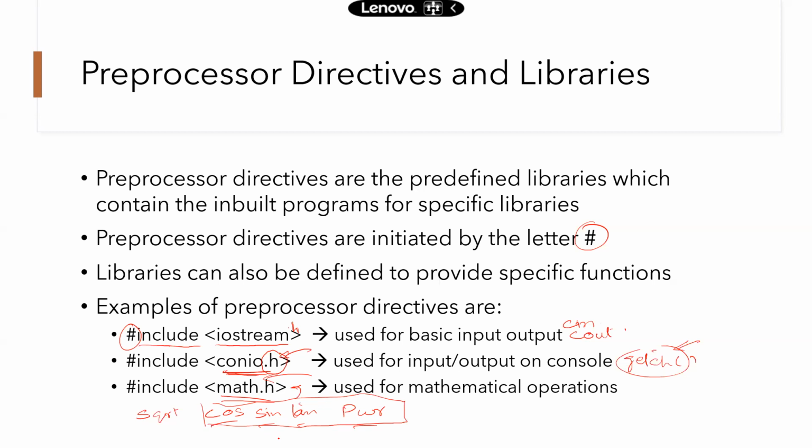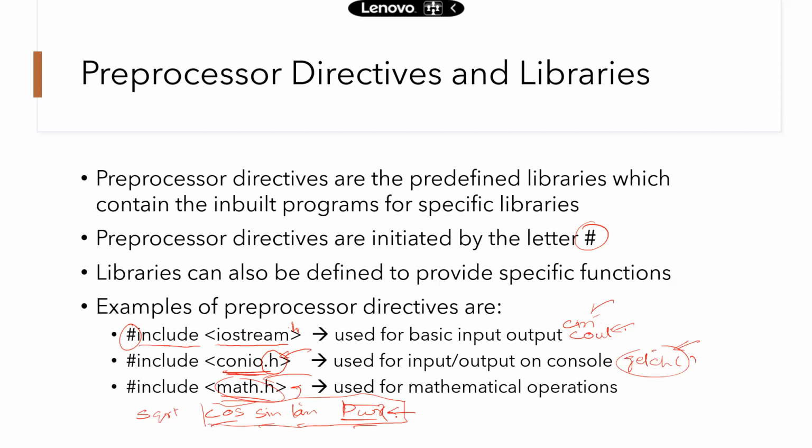So these are the keywords. Like getch is a keyword. cin, cout is a keyword. It becomes a keyword when you include iostream. Similarly, if you're talking about math.h, this pwr becomes a keyword, and the compiler would automatically recognize what a pwr is.